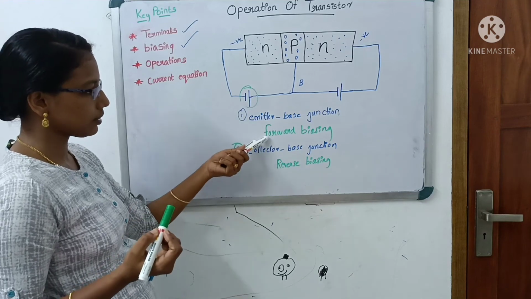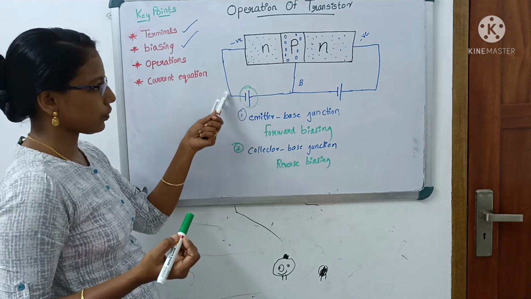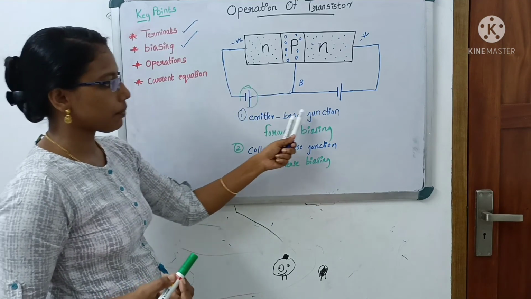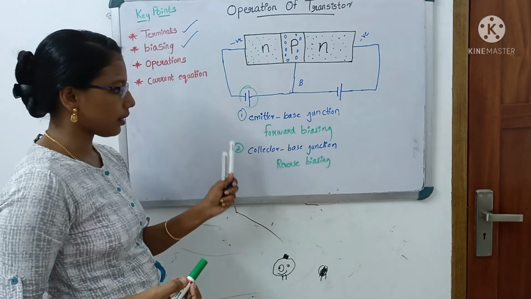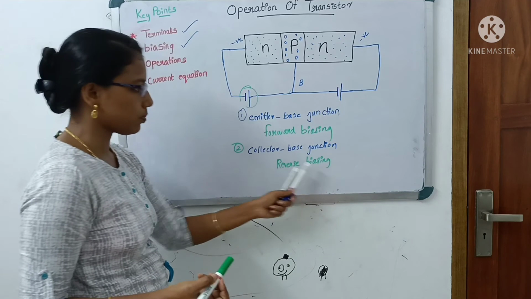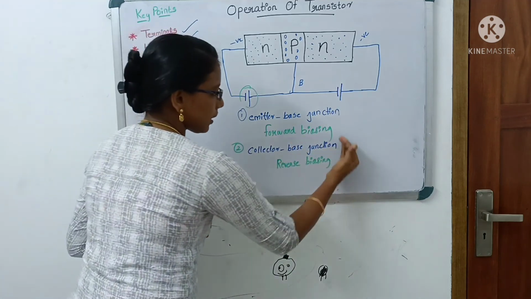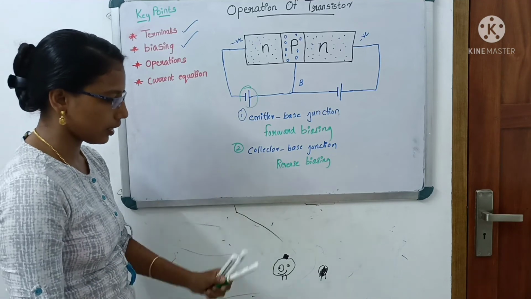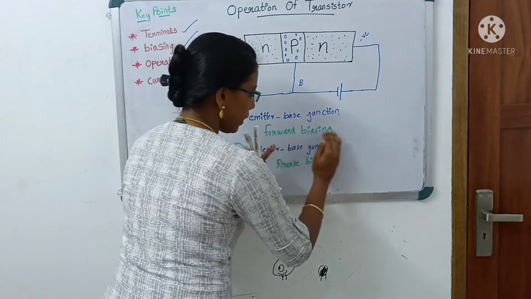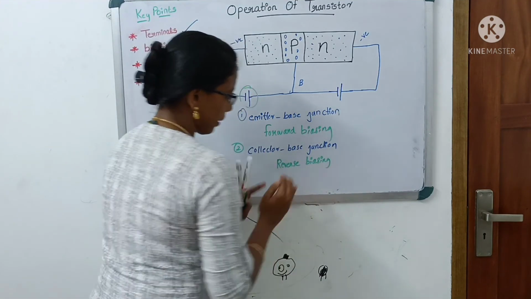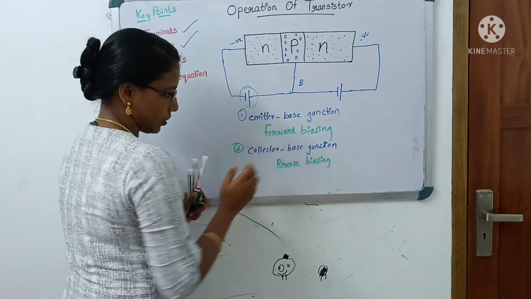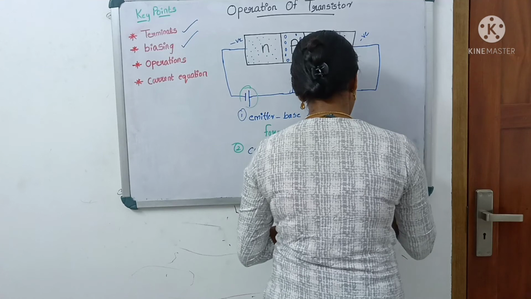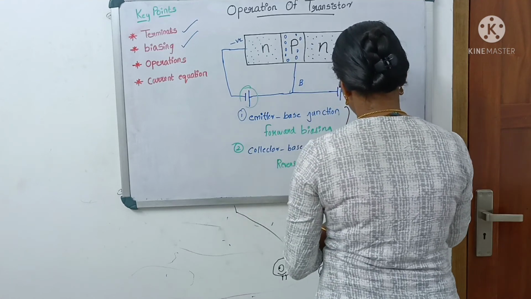Forward biasing means the negative terminal is connected to the N region. So the emitter base junction is forward biased and the collector base junction is reverse biased. In this type of connection, with forward biasing and reverse biasing in the two junctions, we simply call this the normal operation of a transistor.